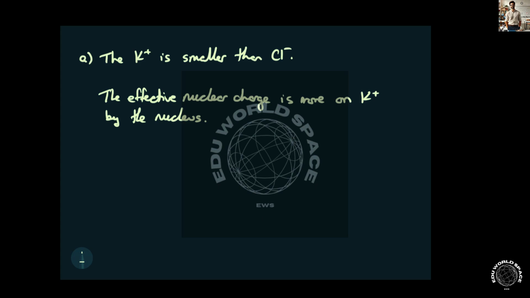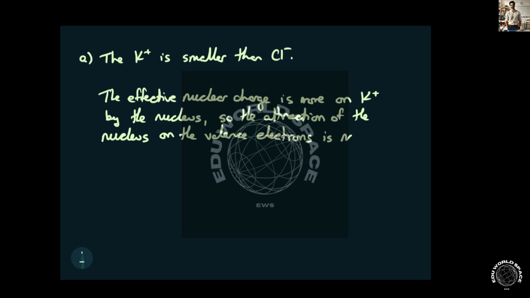So the attraction of the nucleus on the valence electrons is more. So the distance between them decreases.